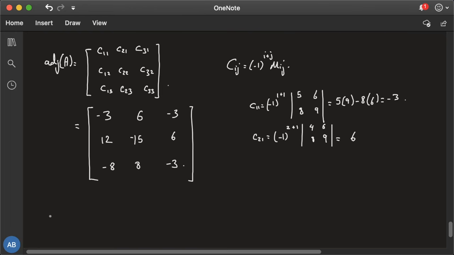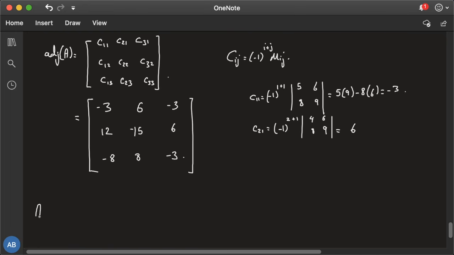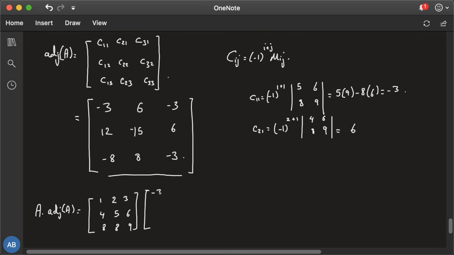Notice that if we multiply A by the adjoint of A, what happens? Go ahead and multiply A, that is 1, 2, 3, 4, 5, 6, 8, 8, 9, with the adjoint, this matrix right here: minus 3, 6, minus 3, 12, minus 15, 6, and minus 8, 8, and minus 3. Do the multiplication, and you will get minus 3, 0, 0, 0, minus 3, 0, and 0, 0, minus 3. What is this?